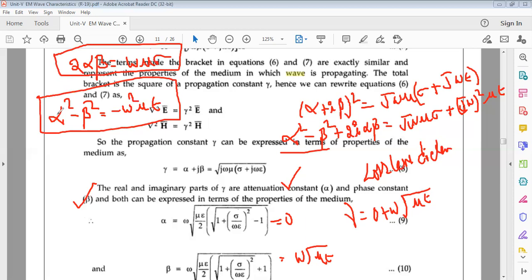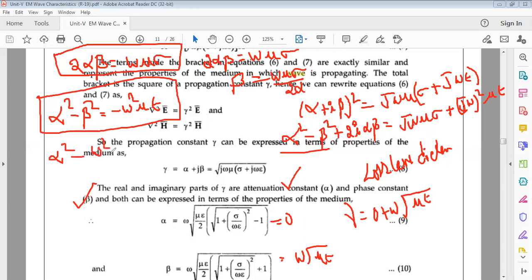Okay, Madhu? From these equations, alpha square minus beta square, convert the beta. What is the beta here? 2 alpha beta is equal to omega mu sigma, and beta is equal to omega mu sigma by 2 alpha. Substitute the beta here in alpha square minus beta square.